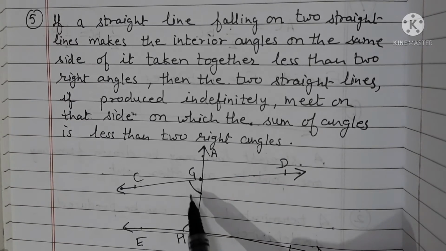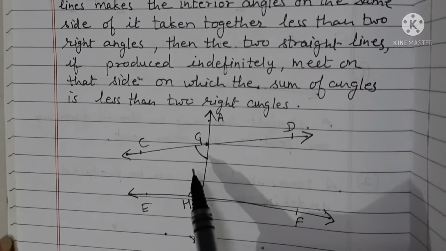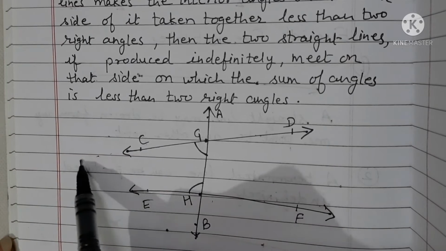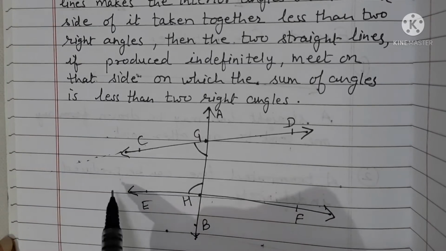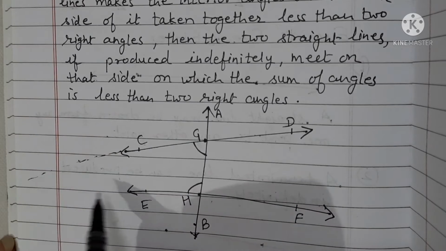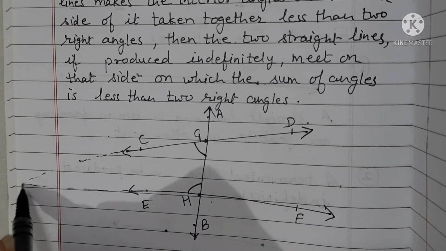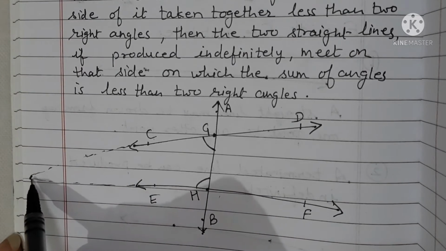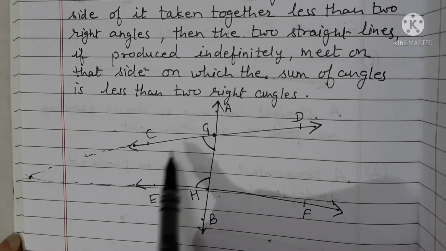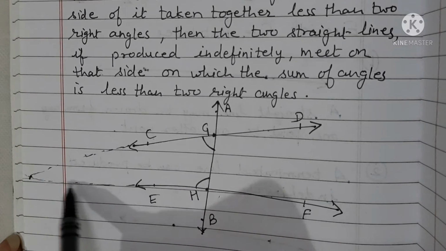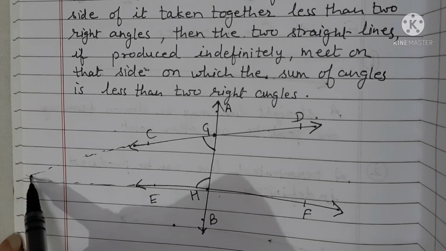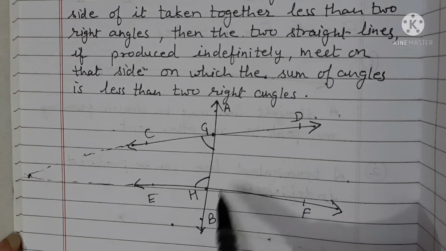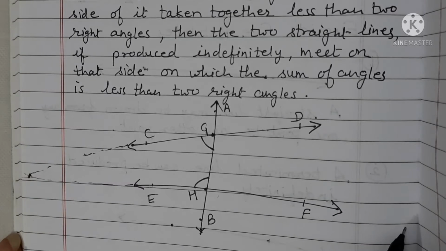Suppose here the sum is less than two right angles, then they will meet in this direction when you extend them. So where you get the sum of less than two right angles, the lines will meet on that side. This line extends here and this also extends, and they will meet at some point, and when you extend in the other direction they will never meet.